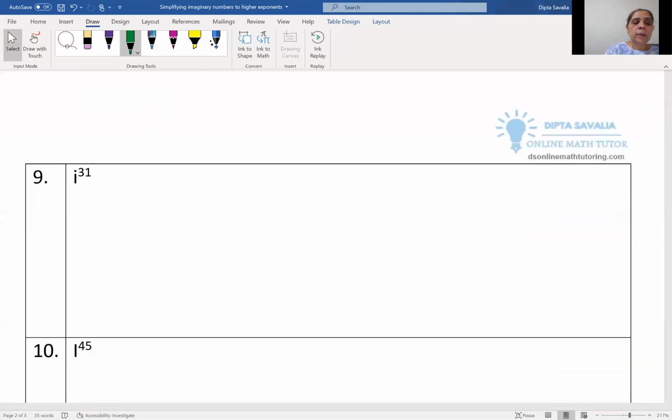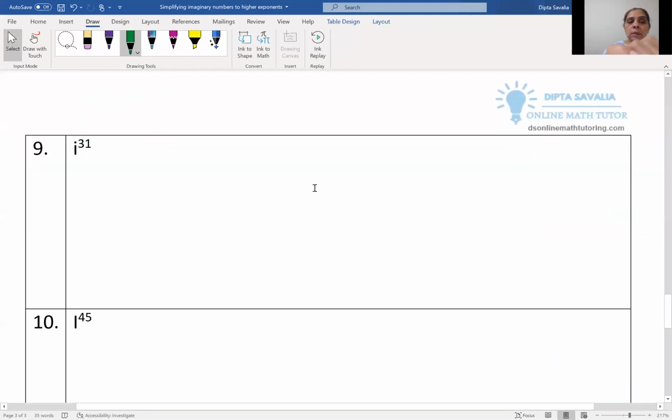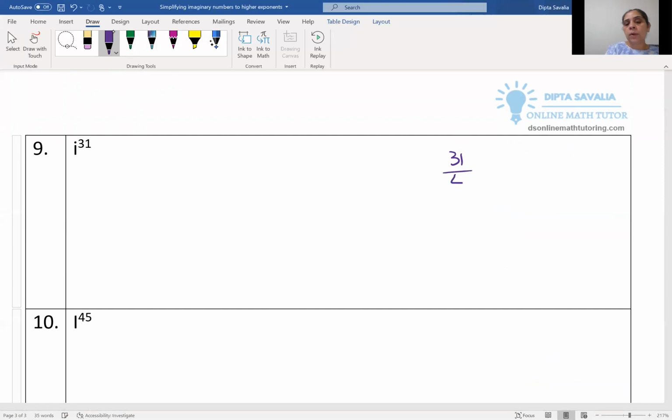Number 9, i to the 31. So again we will check 31 divided by 4. 4 times 8 is 32, that will not work. 4 times 7 is 28, and the remainder you will get is 3. So here we have i to the fourth power, and the power we will write is 7.